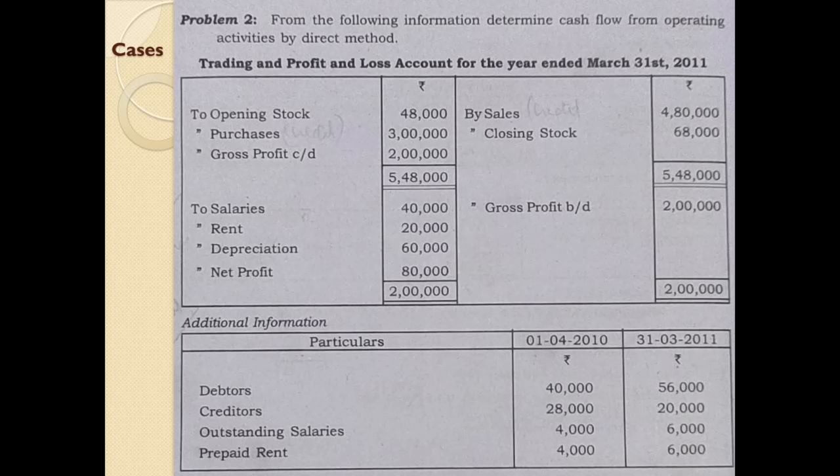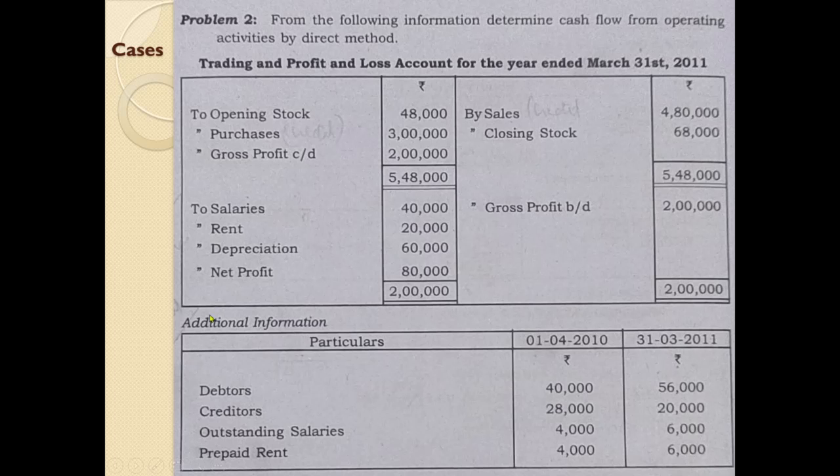It is a very easy method. As the name suggests, we can directly take the amount into the statement. But the thing is that sometimes the details may not be exactly given in the question. In that case, you have to prepare some adjustment statements.